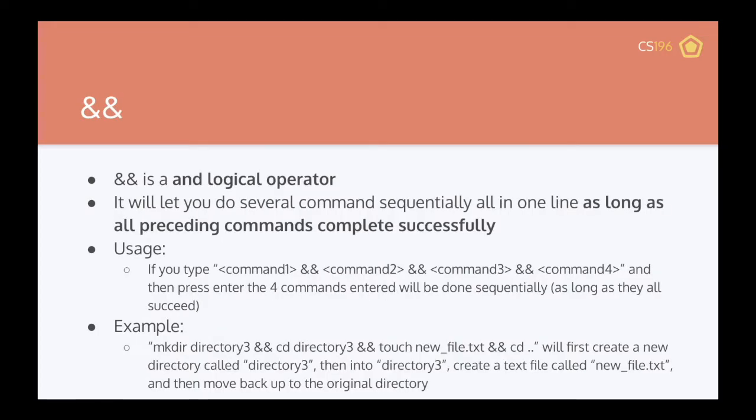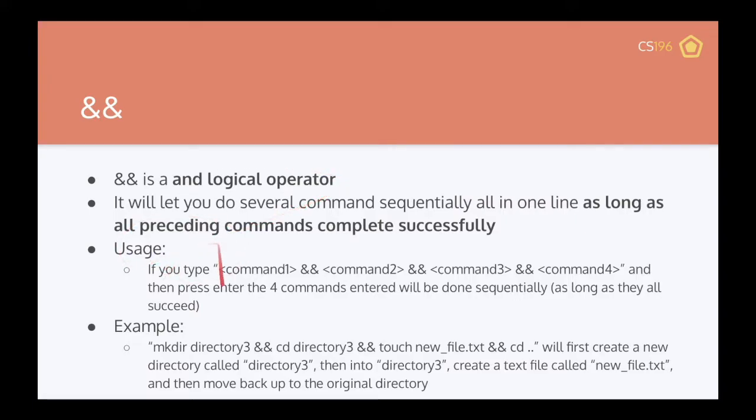Okay, now we're moving on to logical operators. So this is the ampersand, or the AND logical operator. What it does is it lets you do several commands sequentially, all in one line, as long as all the preceding commands complete successfully. So what does that mean? Let's look at the usage first.